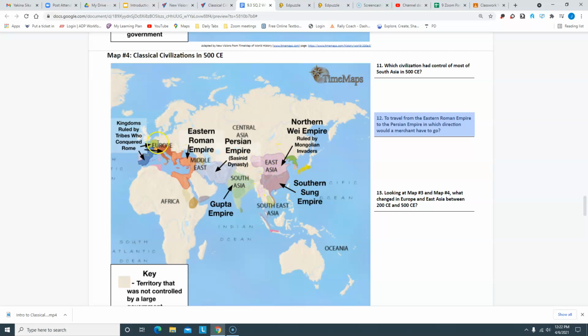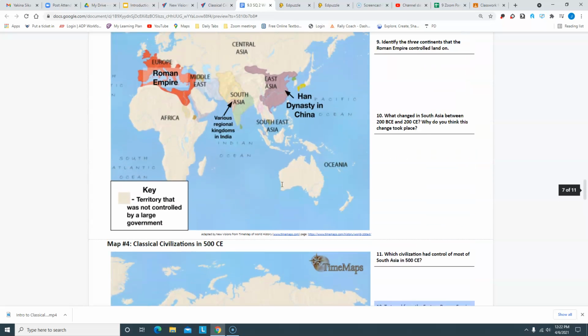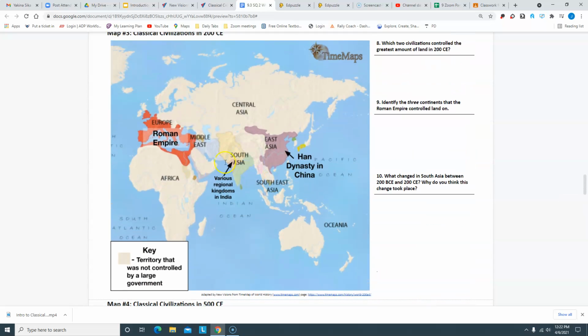Okay, so get an idea, kind of think about what all this looks like on this map. We're going to move back in time 300 years to this map and look at Europe. Europe's here. East Asia is here.